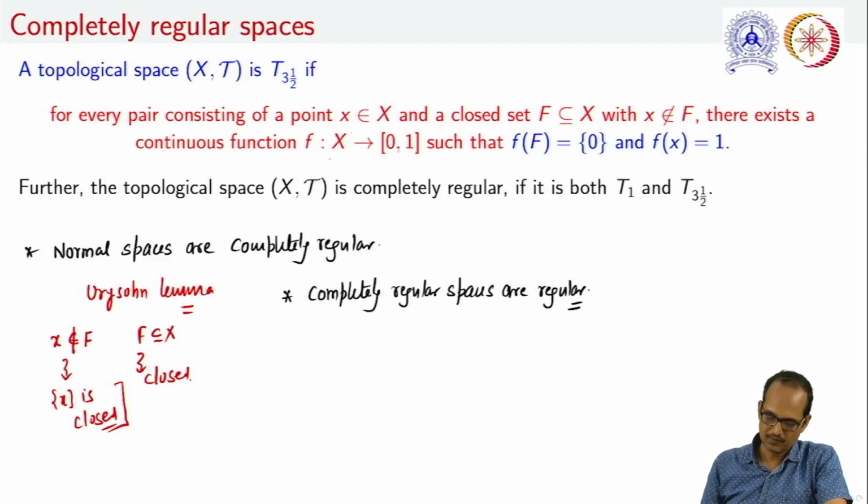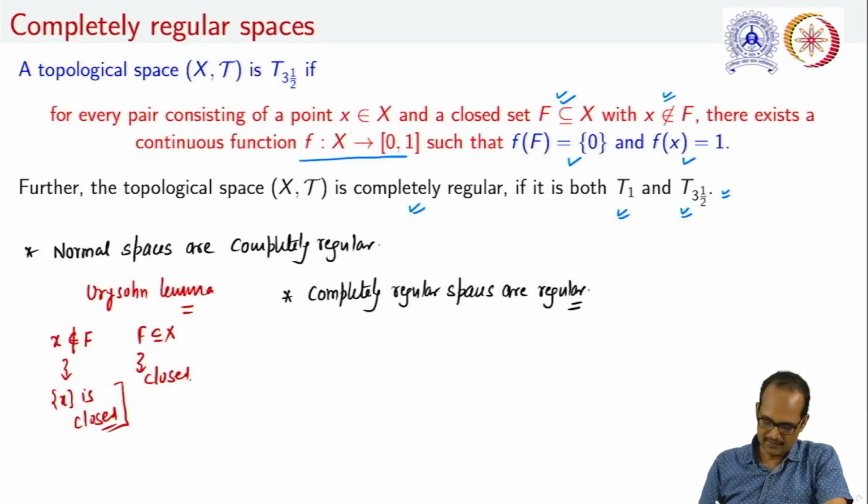The answer is, if we are taking a completely regular space, this is T1 plus T3 and a half. And now let us take the definition of this T3 and a half. What we say is that if we are taking a closed set F and an element x which is not in F, there exists a continuous function f from X to the closed interval [0, 1] satisfying these two criteria.